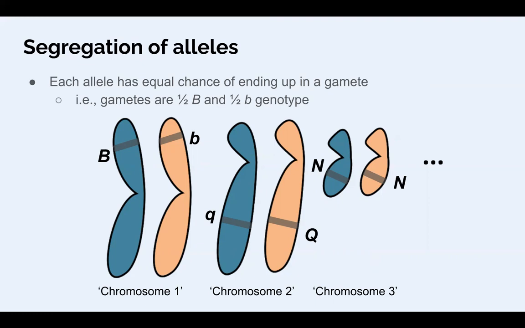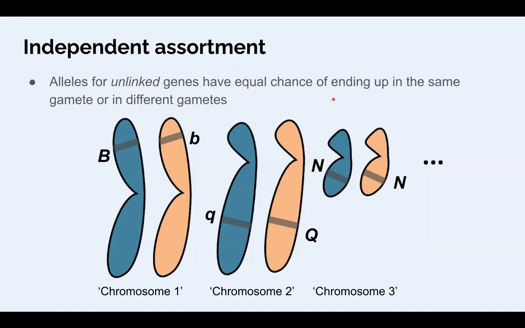That 50-50 chance is what we call a genetic law, known as segregation of alleles, spelled out here. For any one gene, each of the 2 alleles has equal chance of ending up in a gamete. Another law here, known as independent assortment, says that the chance that a B allele ends up in the gamete is independent of the chance that a Q allele ends up in the gamete.